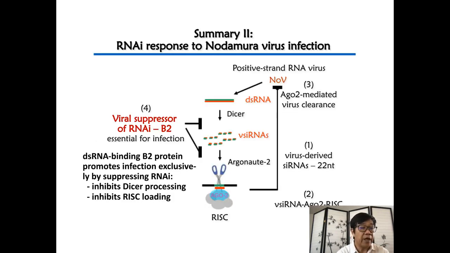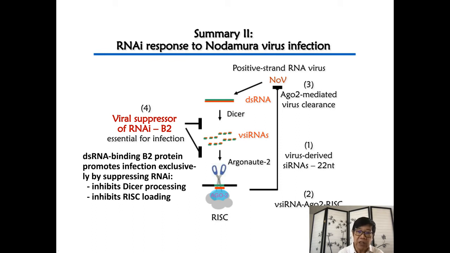And we have shown that Nodamura virus encodes a suppressor protein B2 essential for infection in cells and suckling mice and adult mice. There are two mechanisms to suppress RNAi: suppress dicer processing, or suppress Argonaute loading.